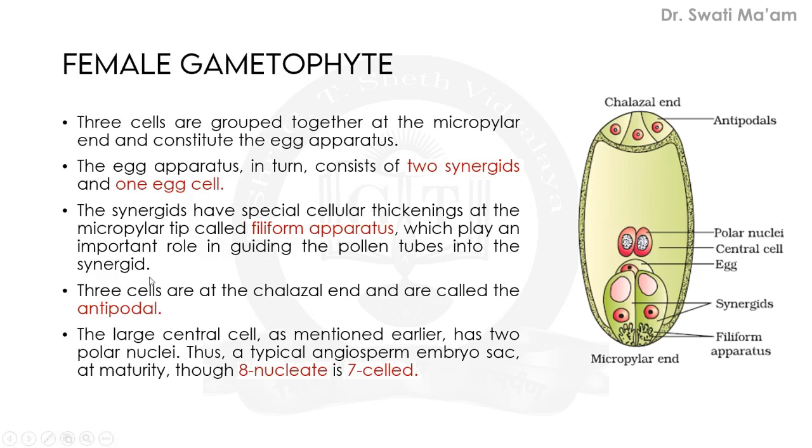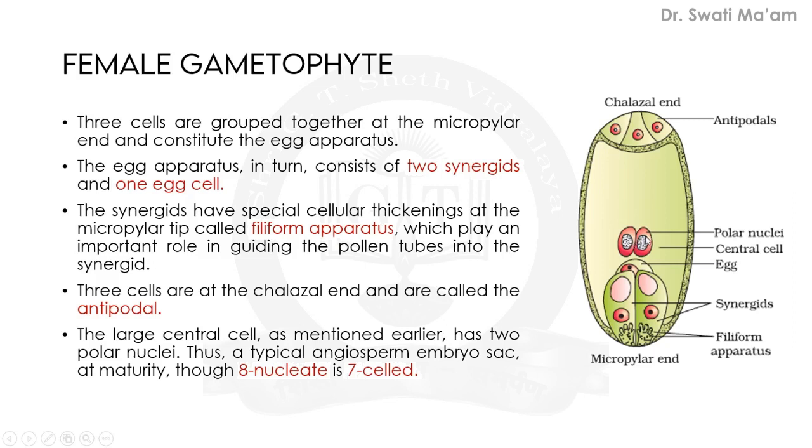Then comes the chalazal end. It has 3 cells again, and these 3 cells are known as antipodals. Then in the large central cavity, the 2 polar nuclei are located. This is the large central cell, in which these 2 red colored polar nuclei are observed.